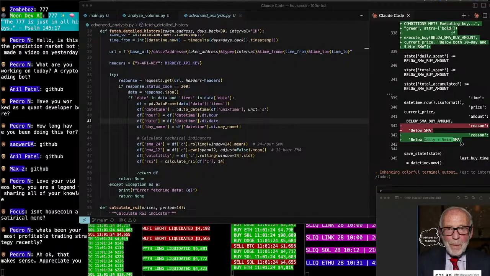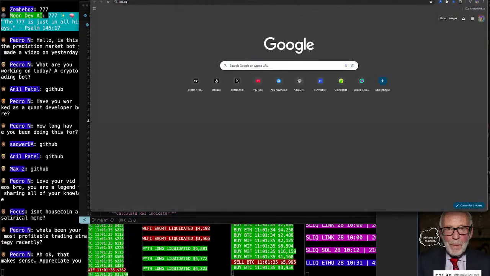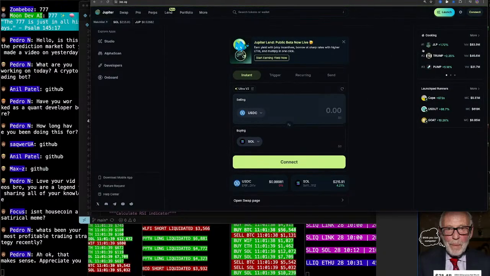All right, so this is going to get better and better every day, honestly, because I'm going to think of better ways to DCA, because you can DCA with Jupiter. I'm very aware of that. Jup.ag, you can just dollar cost average into tokens this way.